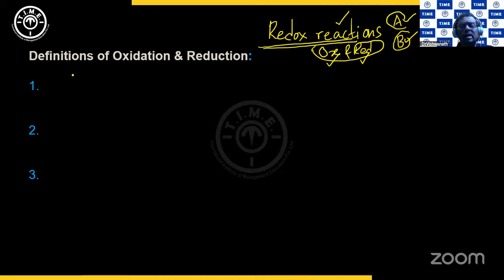The oldest definition of oxidation and reduction, we might have read in our childhood. Oxidation is gain of oxygen or loss of hydrogen. Similarly, reduction is gain of hydrogen or loss of oxygen.